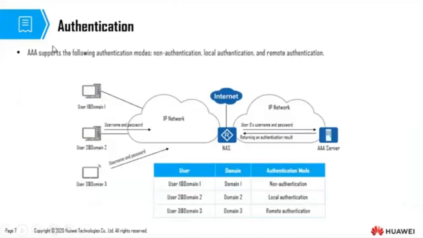Okay, so let's now look at what authentication is and the different types of authentication that we have. As we have said, authentication is used to prove that you are who you claim to be. Most of the time in networks, it's simply done using a username and a password. So the user will send a username and a password to the network access server.